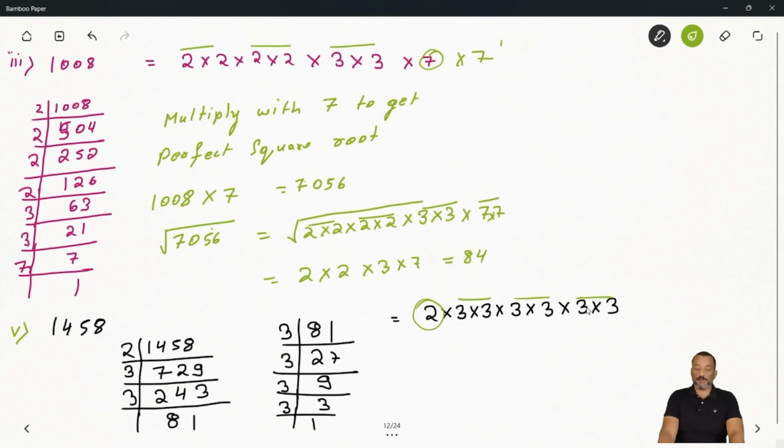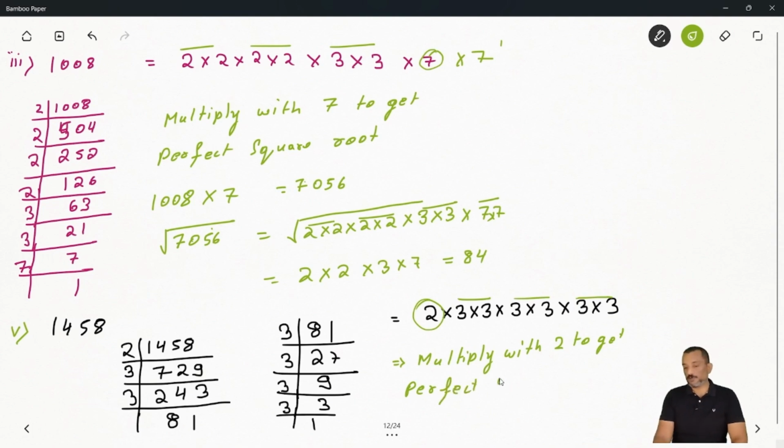This 2 is not in a pair. So we can say multiply with 2 to get a perfect square.